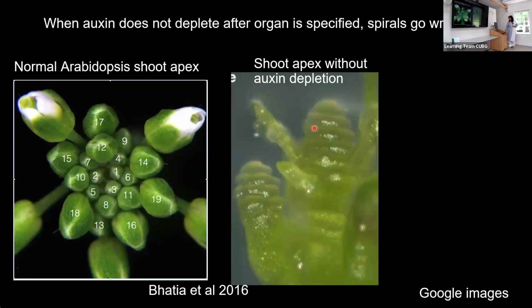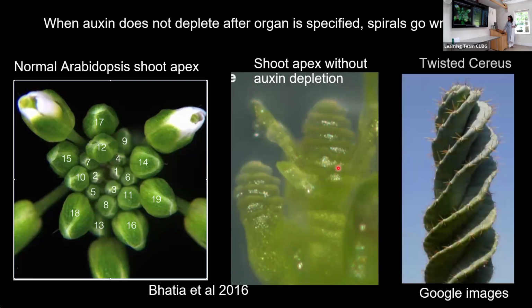This looks very similar to some of the twisted serious cacti that we see in nature. They are forming spirals, but not in the correct manner, and organs grow continuously conjoined with each other as a continuous band, as opposed to these discrete flowers.